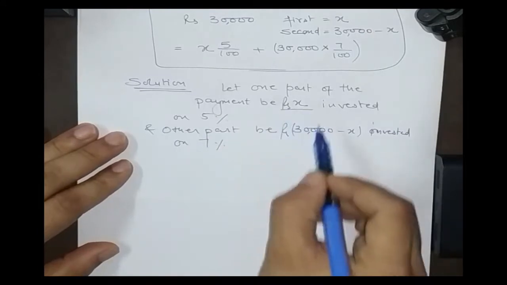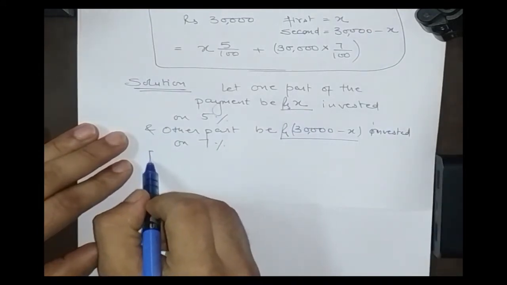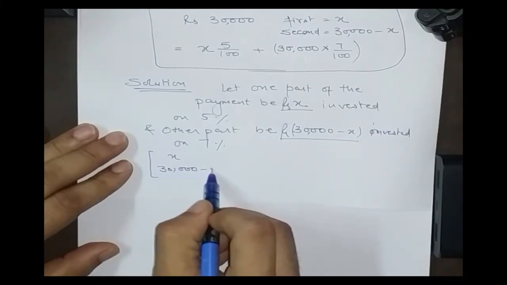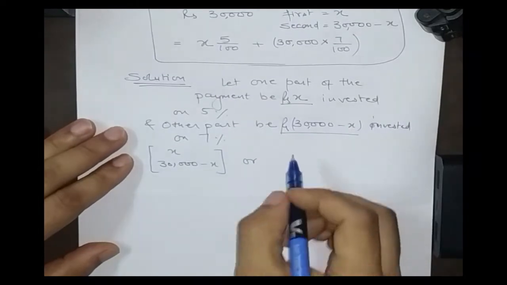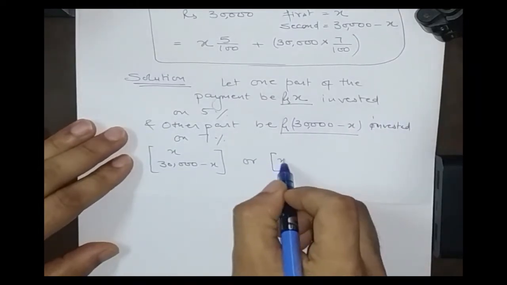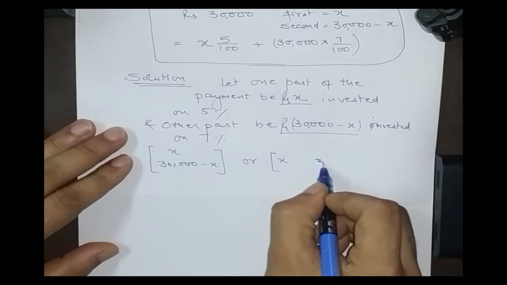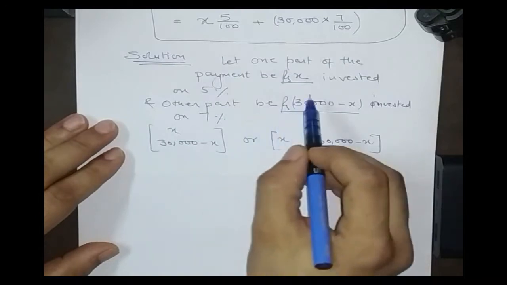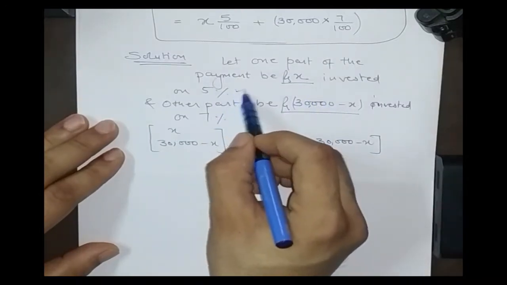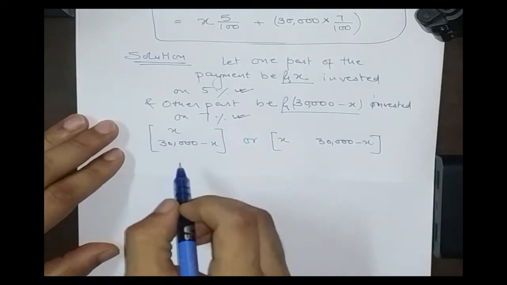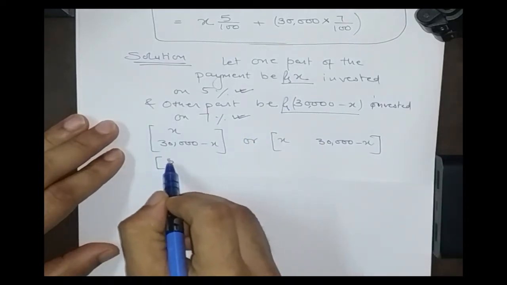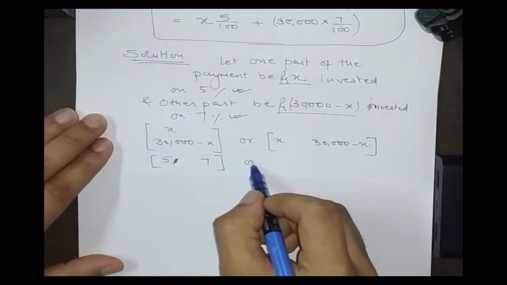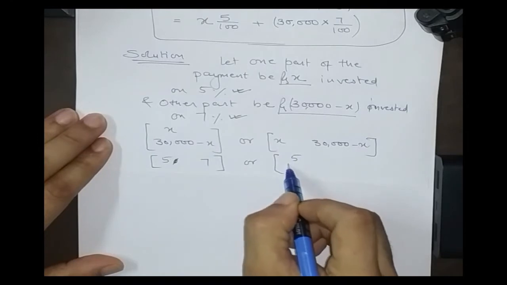Here from this we can write it as X, 30,000 minus X, and the second thing, the percentages 5% and 7%, we can write it as 5, 7, or the other way, 5, 7.